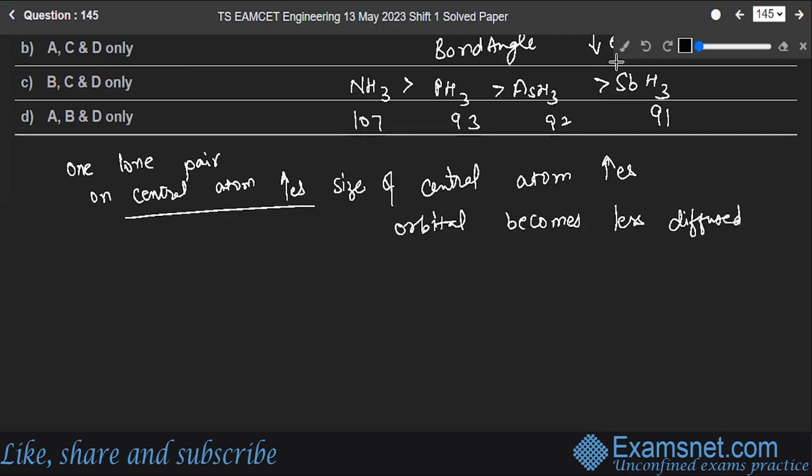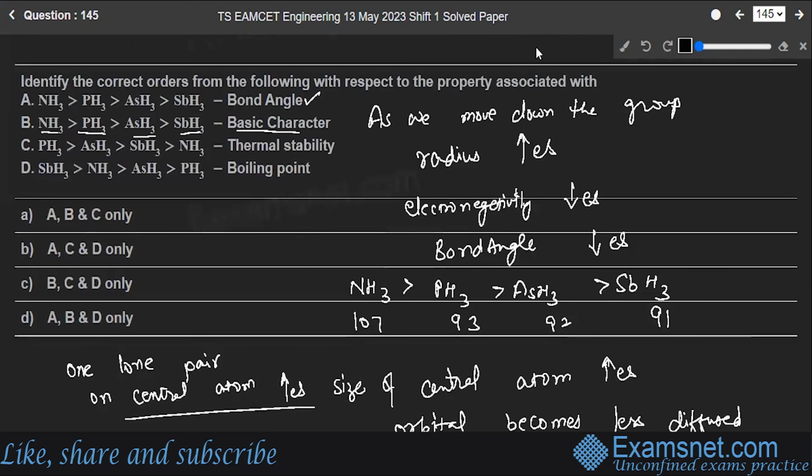Hence, the lone pair is less dense over the bigger atoms, thereby decreasing the basicity. Therefore, the correct order is NH3 followed by PH3, AsH3, and SbH3. So this is also correct.